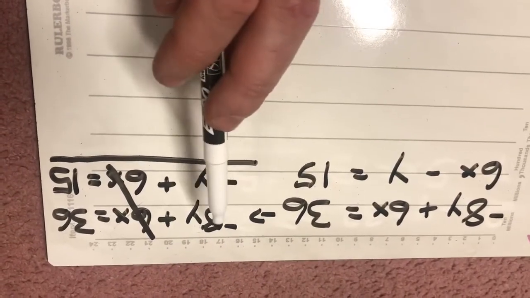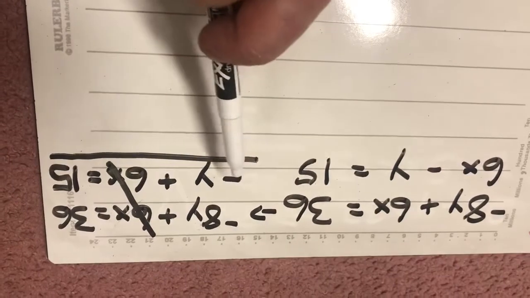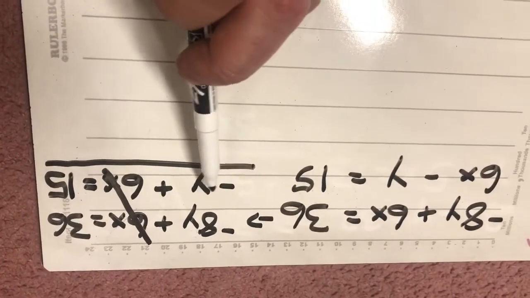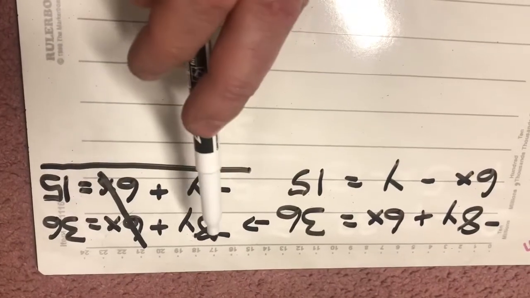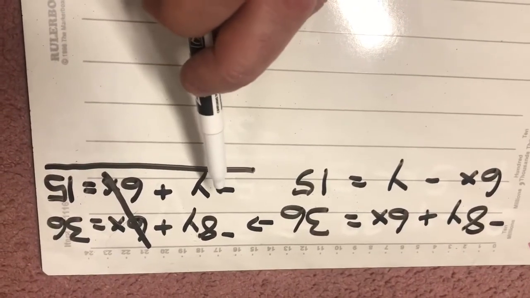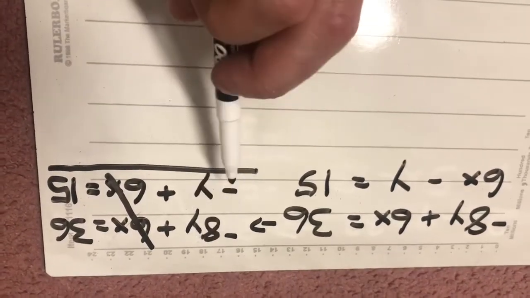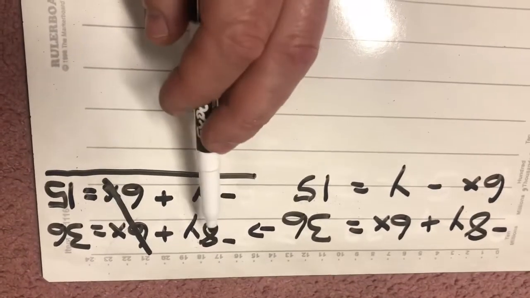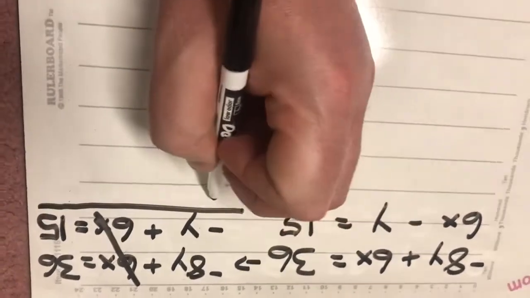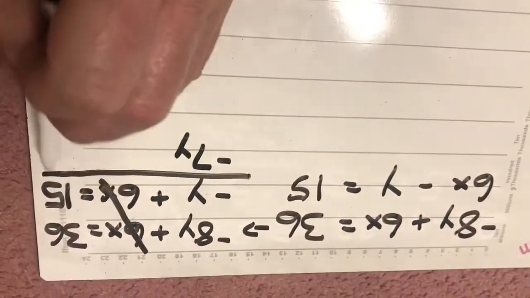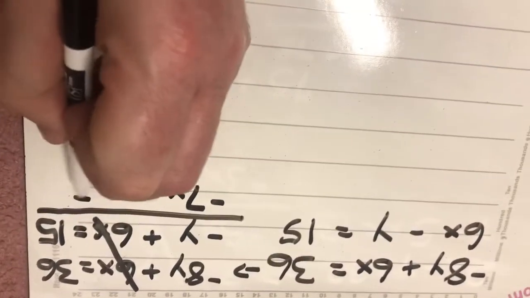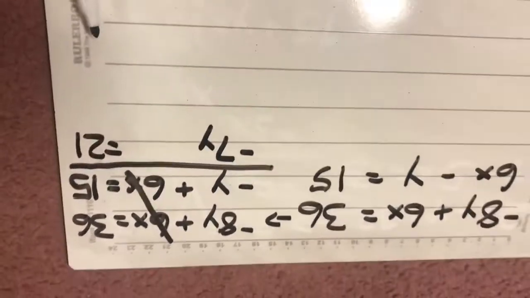So it's essentially negative 8 minus negative 1. This isn't just minus this. I'm subtracting a negative number. So when I subtract a negative number, essentially I'm adding. So negative 8 minus a negative 1 is going to give me a negative 7y. And then I'm going to have to subtract 36 minus 15. That's going to equal 21.